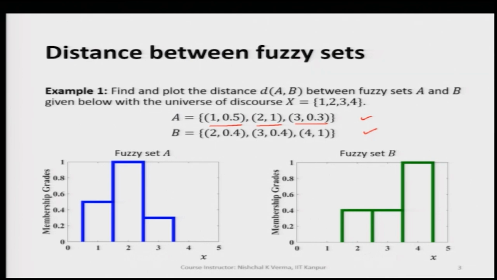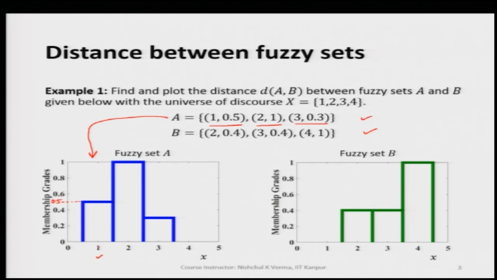Now, let us draw this fuzzy set, and it will look like this. We clearly see that we have 3 elements in the discrete fuzzy set A. When we draw it, at 1 as the generic variable value we have 0.5, which is the corresponding membership value.